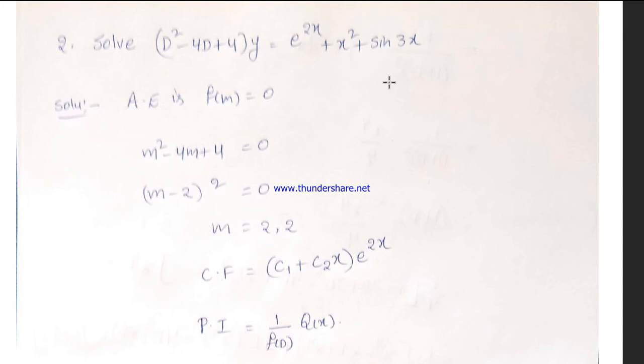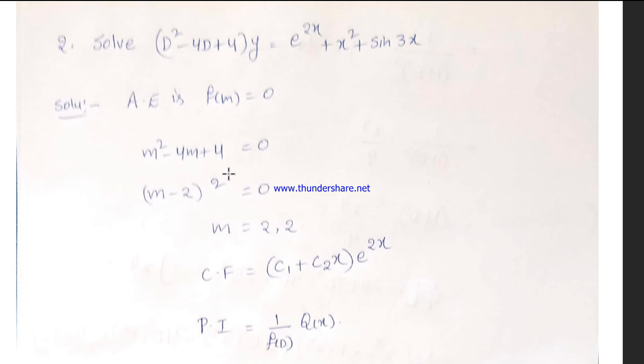For any form, first you have to find the auxiliary equation, that is f of m is equal to 0. So m square minus 4m plus 4 is equal to 0. So m minus 2 whole square, because this is the expansion for a minus b whole square form, that is m square minus 2 into m into 2 plus 2 square.